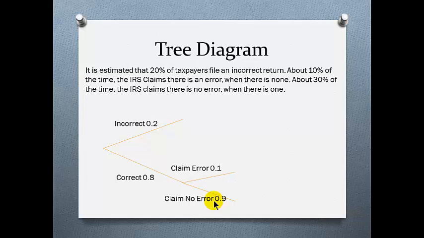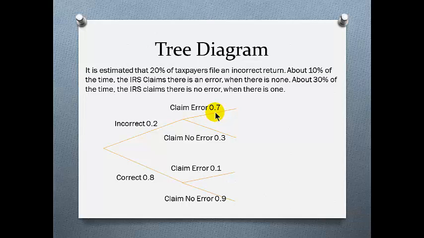We also have information about the top branch. If the tax return is done incorrectly, 30% of the time the IRS claims there is no error when there is one. So there is an error, and they claim there is no error 30% of the time. The complement of that, 1 minus 0.3, which means they claim there is an error 0.7 of the time.